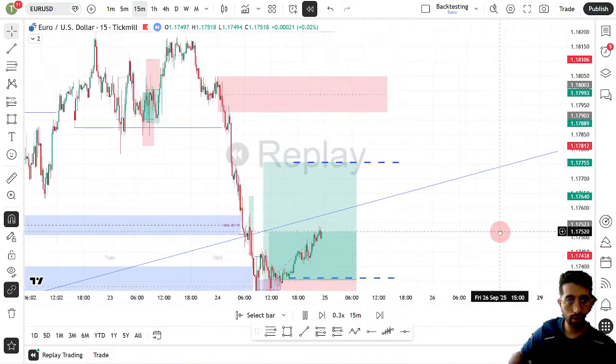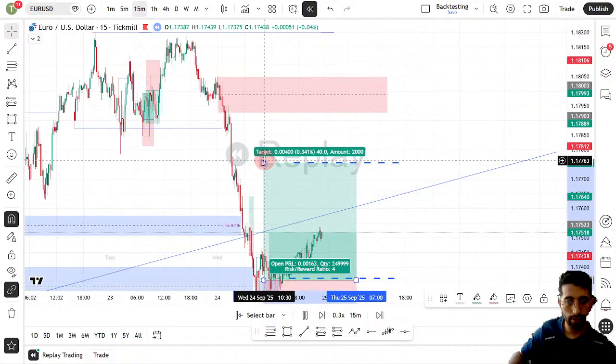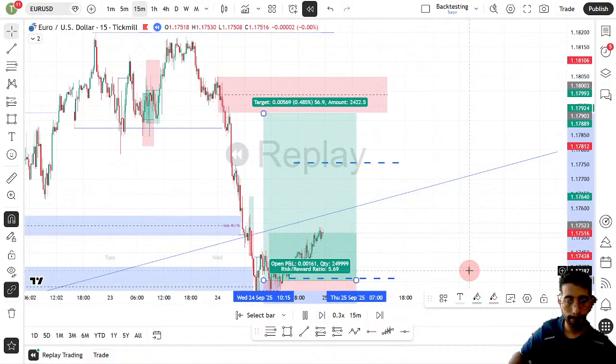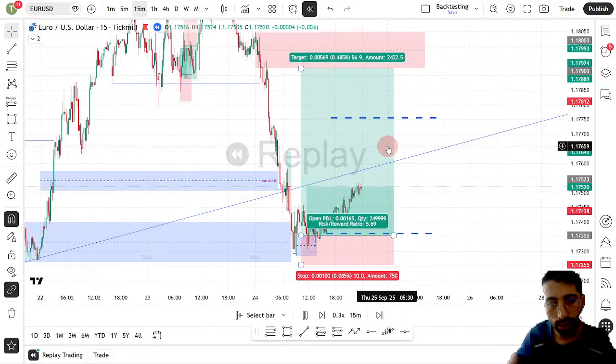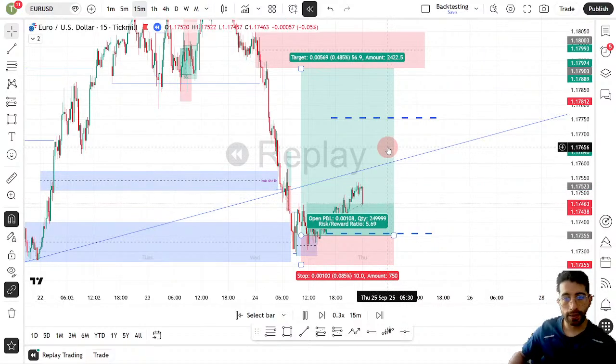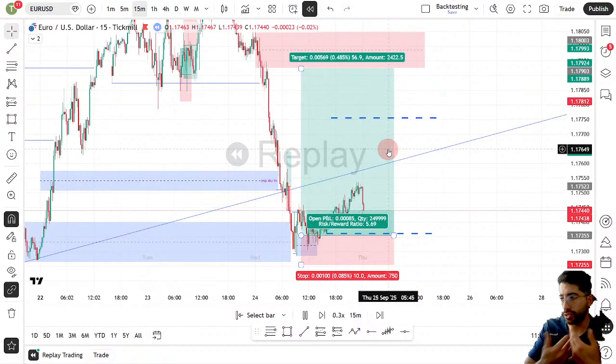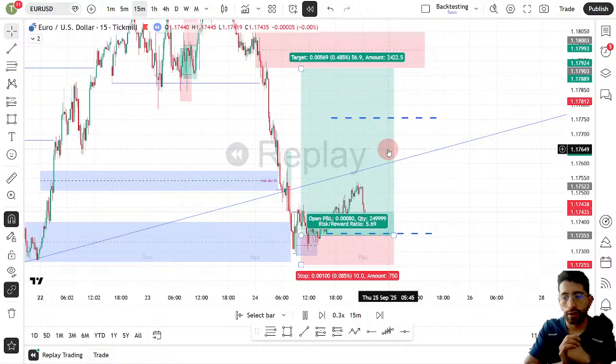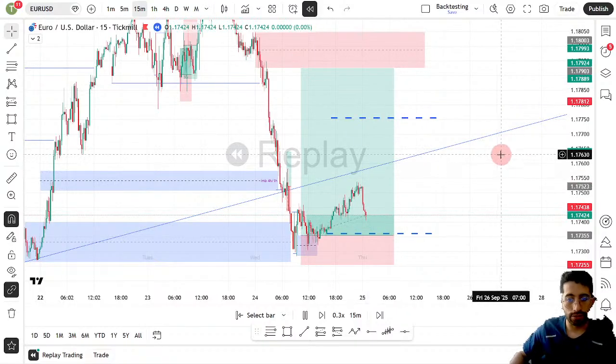The price goes to this area right here. That will be almost 1 to 6, but when it gets to 1 to 4, I take partials and then I let it run with less money, but it doesn't matter for me. It's just what I have to do.